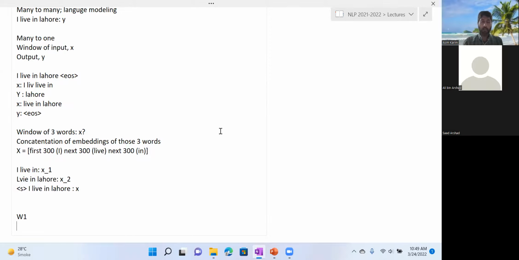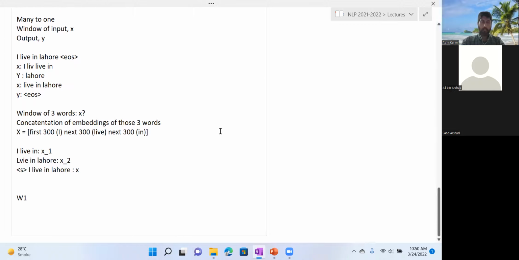Of course, "live" is the same word, but in one case it appears in the first position, in the second case in the second position, and so on. It has to be processed with different parts of the weight matrix W1. So these are some of the motivations for using sequential models.